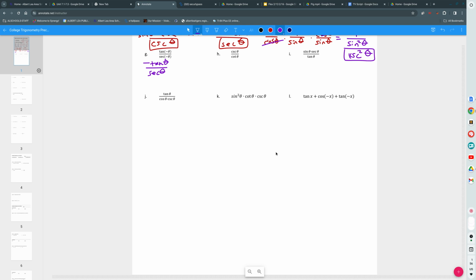Do I put the negative with the sine or the cosine or with both? You can put it with sine or cosine, just got to put it with one of them. Cannot put it with both of them. So we have sine of theta, that is negative, divided by cosine of theta. And we're going to divide that by 1 over cosine of theta. Again, I don't divide these fractions. I multiply by the reciprocal. And the cosines go away, and I'm left with a negative sign.